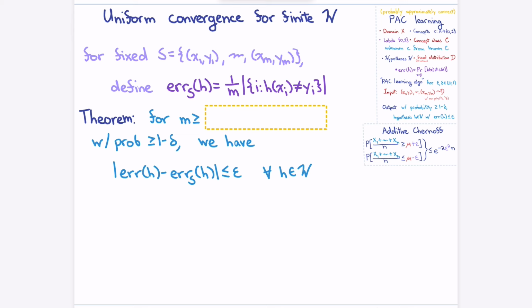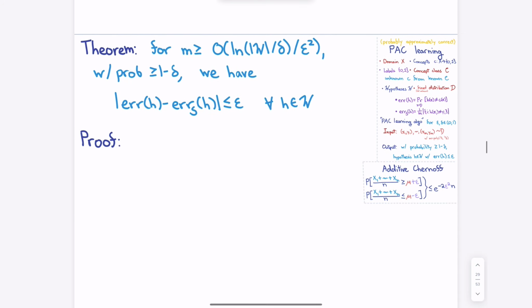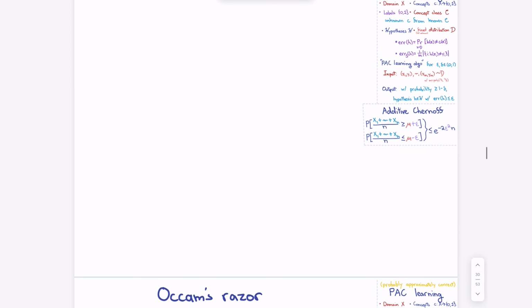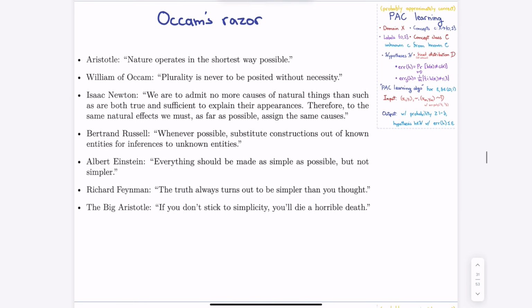Yeah? This time it's going to be epsilon squared. Okay? So this is what comes from additive Chernoff. So I won't do the proof because we just did it for the wrong problem. Okay, good. We'll keep going.